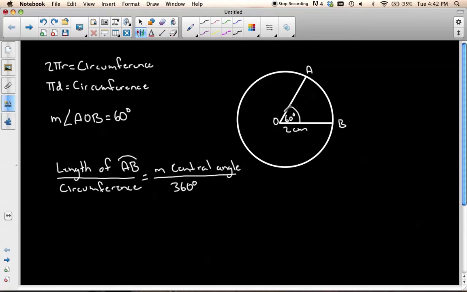If we look at a circle, it's 360. So now what we need to do is work the whole thing out.